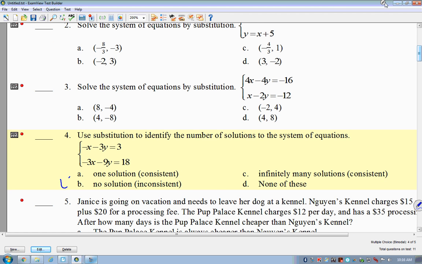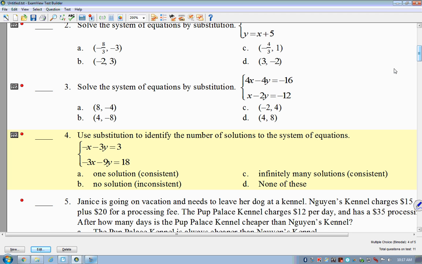Why is number 3 more difficult? On our previous 2 equations, at least one of those equations was already set up to solve for a variable, right? Are either equations in number 3 set up to have solved for one single variable?